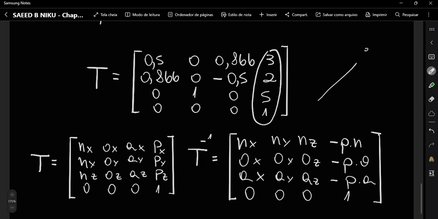So we have a vector linked on the origin of our reference system, and the end of this vector is given by these coordinates.